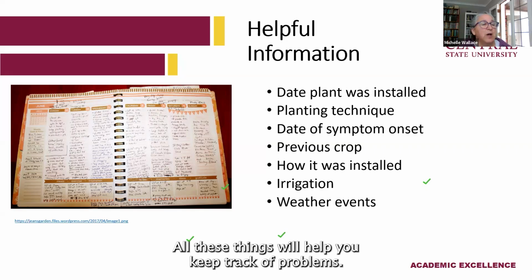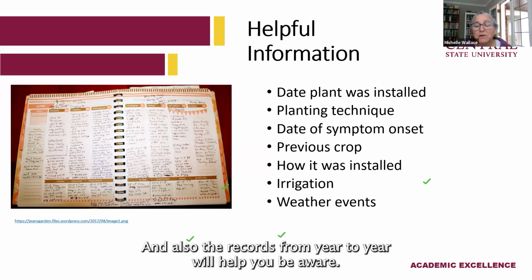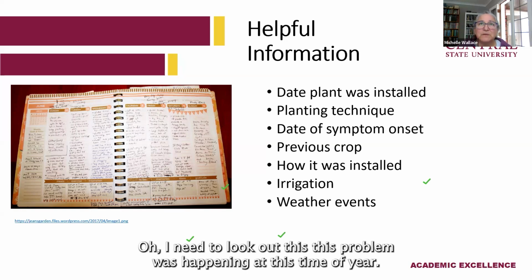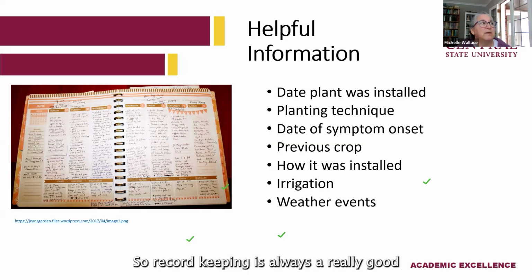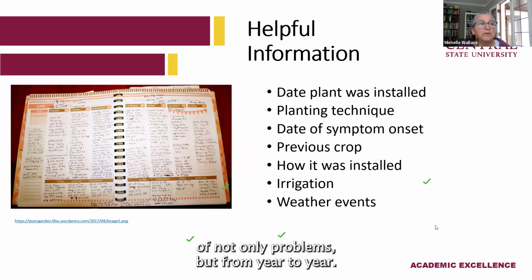All of these things will help you keep track of problems. And the records from year to year will help you be aware, oh, I need to look out, this problem was happening at this time of year. So record keeping is always a really good method of keeping track of not only problems, but from year to year.